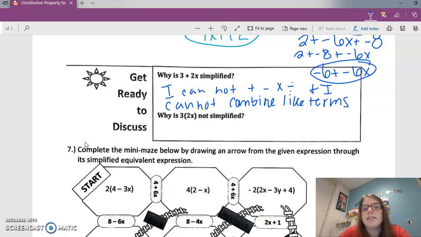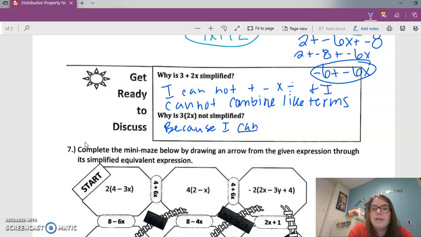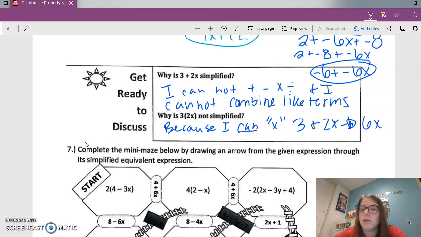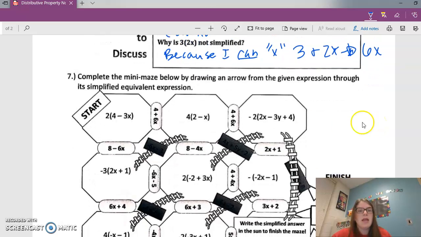Okay, why is 3 times 2x not simplified? Because I can multiply 3 and 2x. If you want to put an arrow and say that when you multiply those two, you'll get 6x.